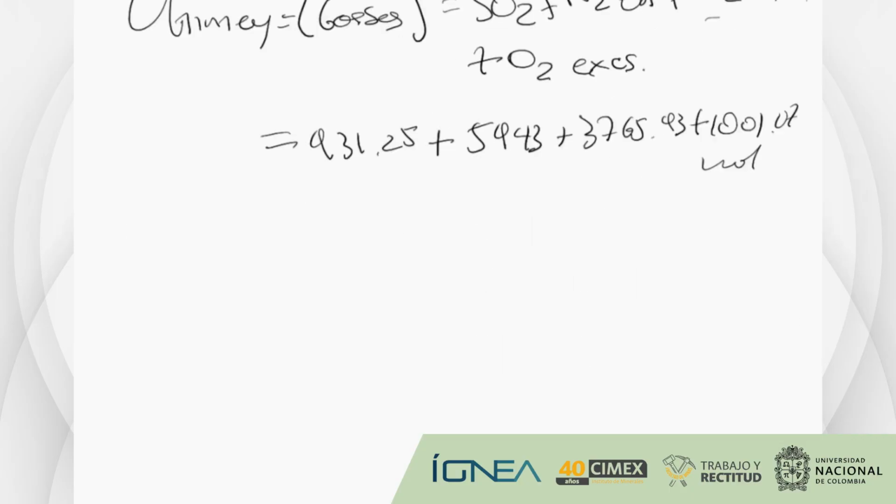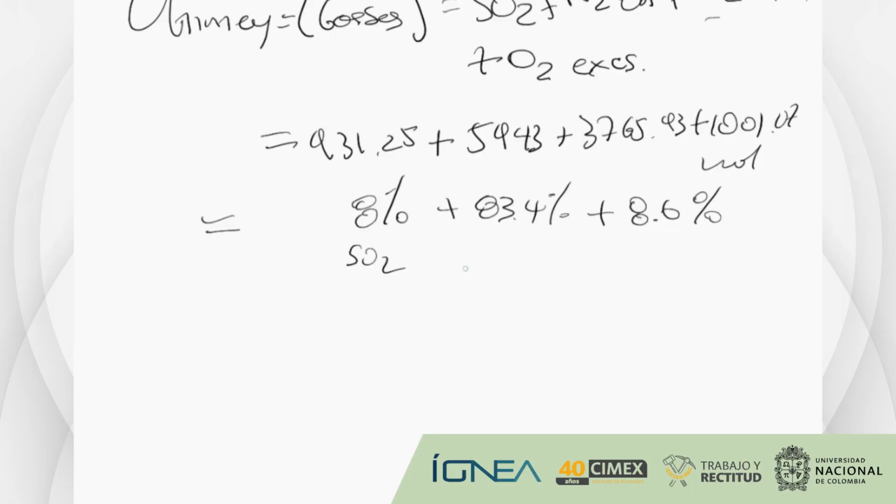In total, if we make the total gases, it means 8% of SO2, 83.5% of nitrogen, plus 8.6% of oxygen.